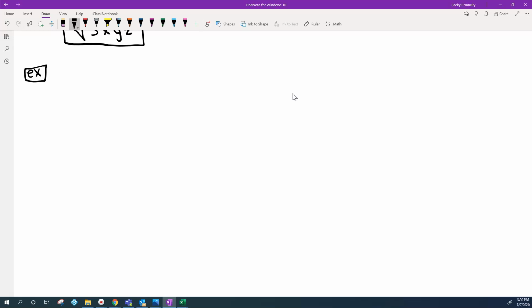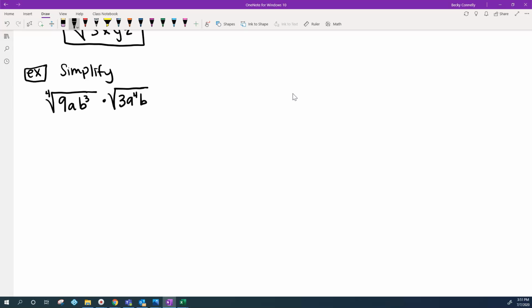But okay, so we're going to simplify here. This time we've got the fourth root of 9ab to the third power, multiplied by the square root of 3a to the fourth b.